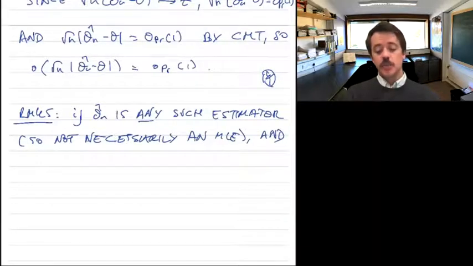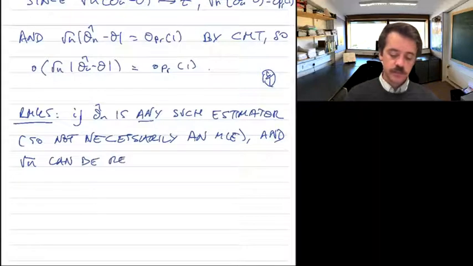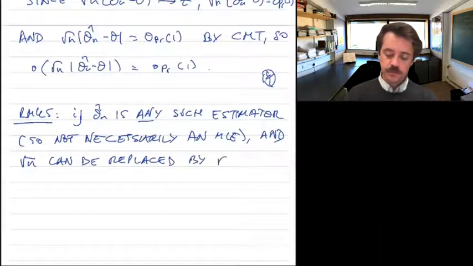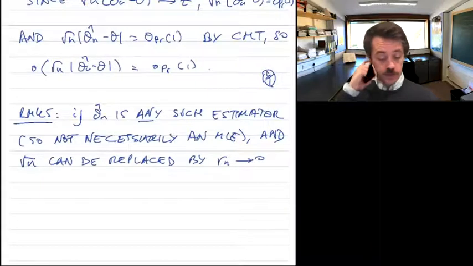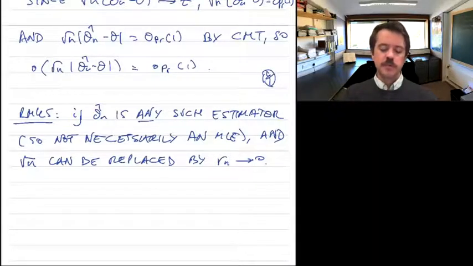In fact, more can be said, and is that the square root of n can be replaced by a different rate, R_n. So that looks a lot like square root of n, but that's R_n. What do I mean by this?